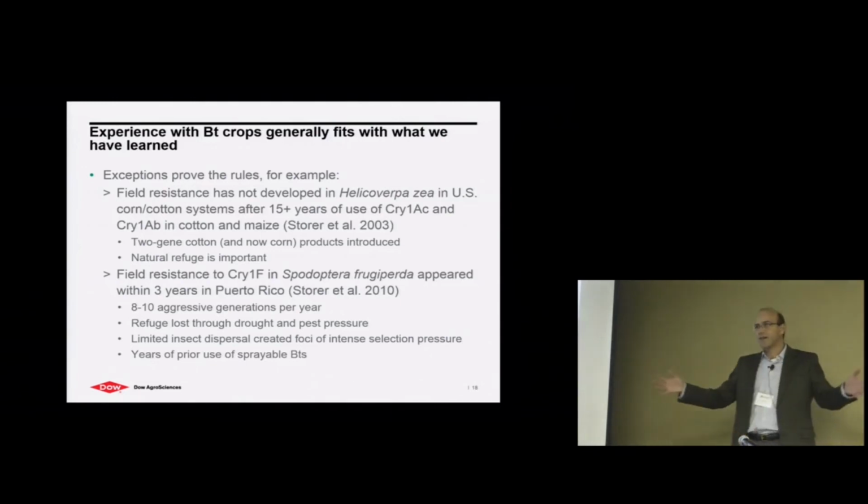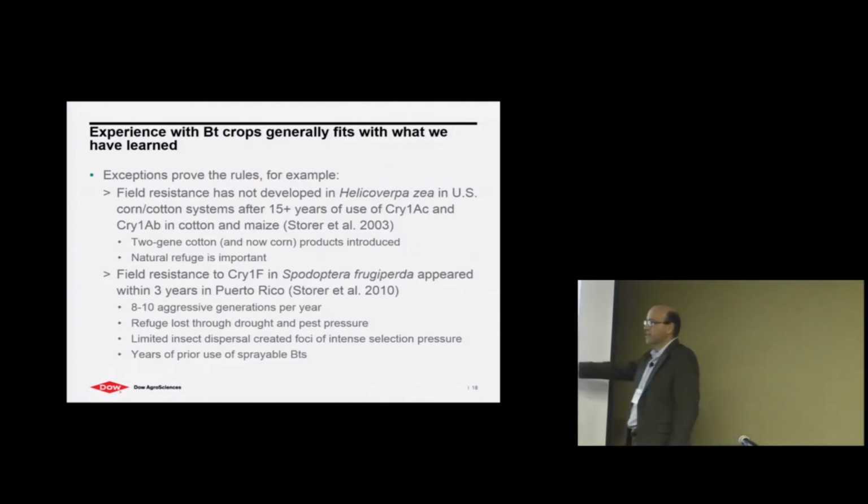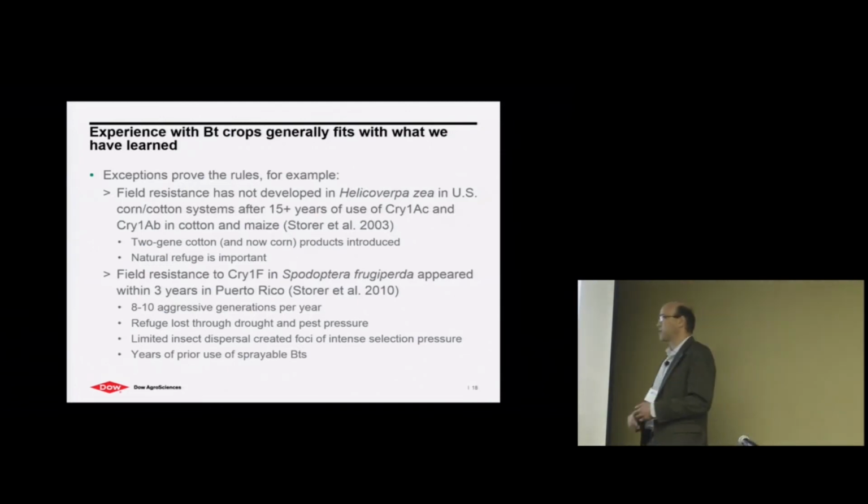But what happened to our fantastic resistance management strategy? Well, that 3 years was actually 30 generations of the insect. That's not what Fred Gould said. So there was some mitigation of the selection there. Refuges were planted, but they were lost through drought and through pest pressure. The fall armyworm came and ate up the refuge.